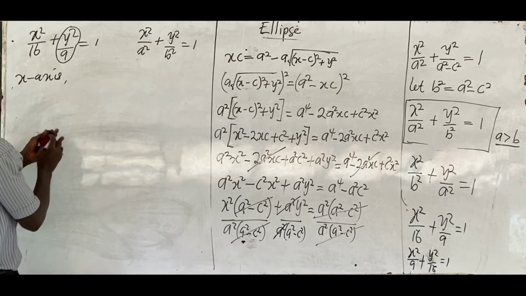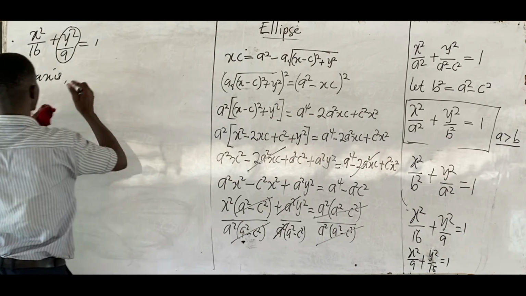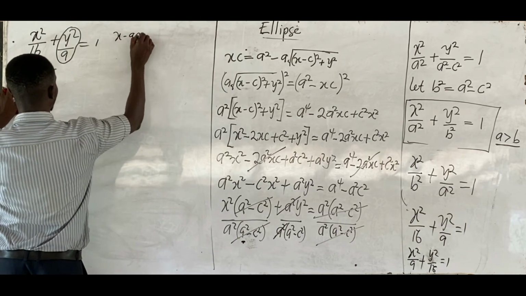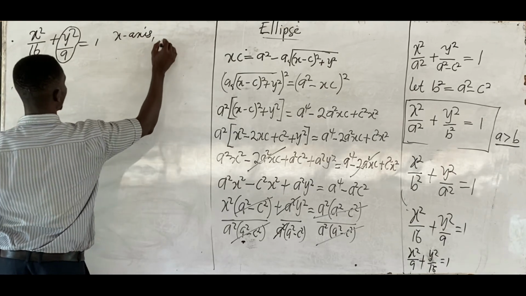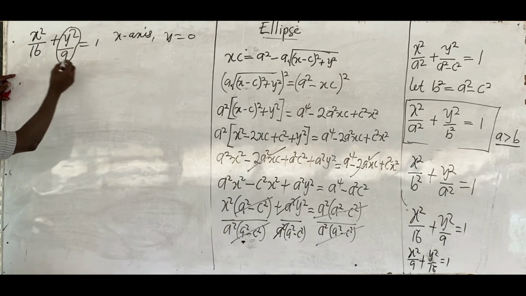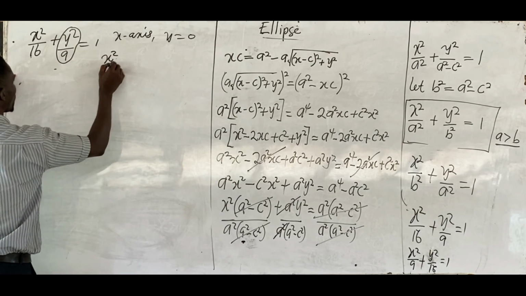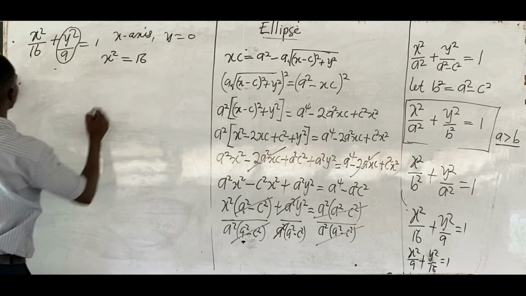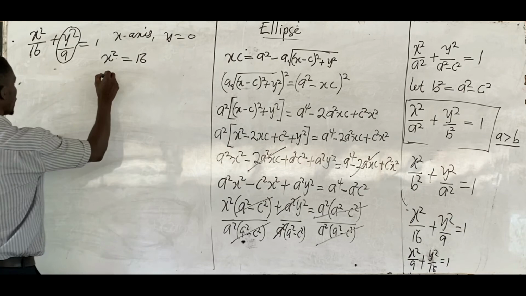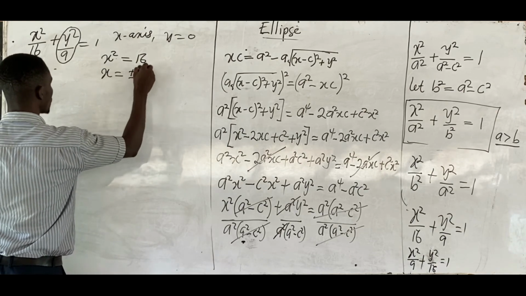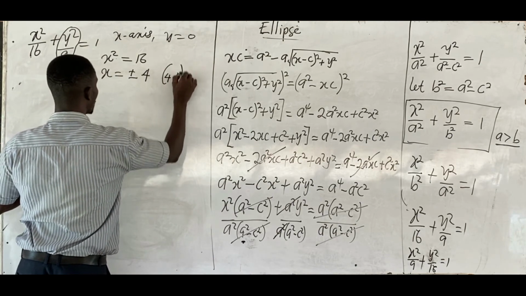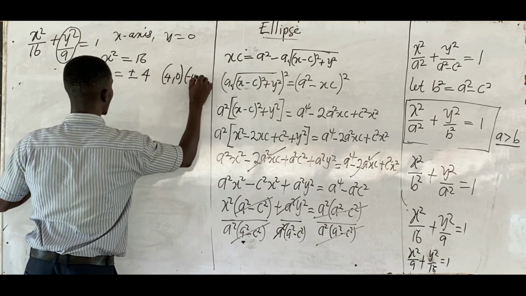You get y is equal to 0, and you get x squared is equal to 16, because x squared over 16 is equal to 1. You get x is equal to plus or minus 4. So you get (4, 0) and (negative 4, 0).